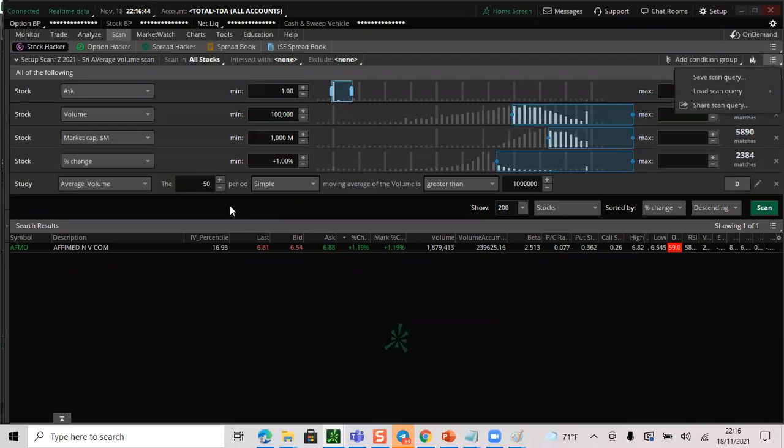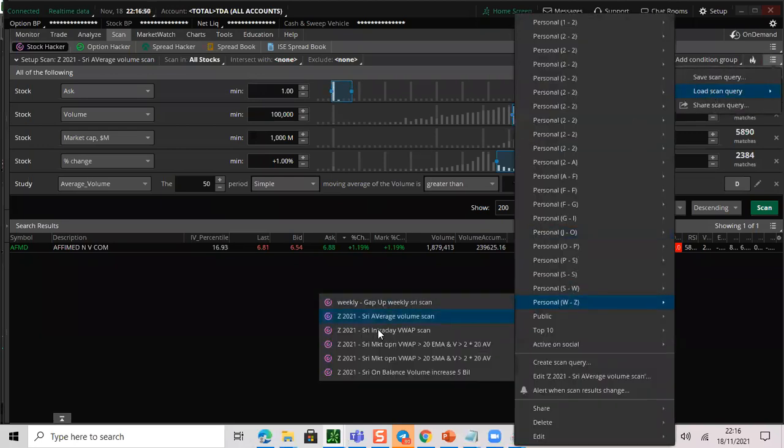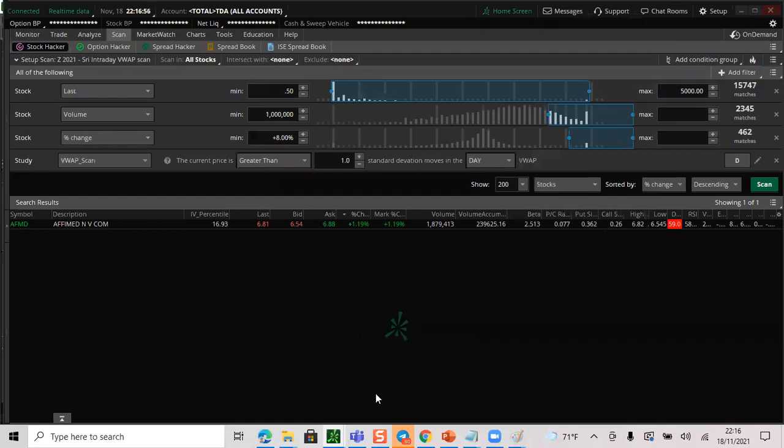I'll come back to this average volume scan. I have an intraday VWAP scan. So basically, this is the scan here. I added a study called VWAP scan.